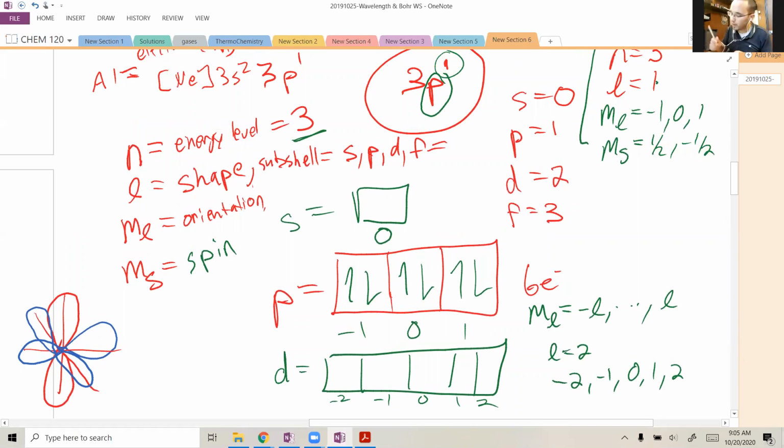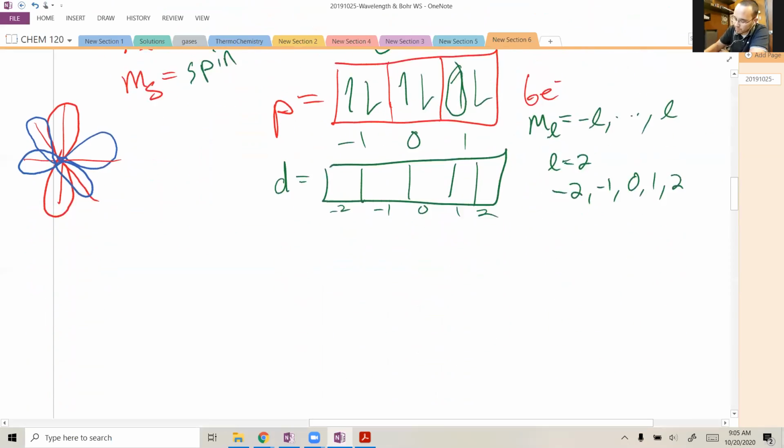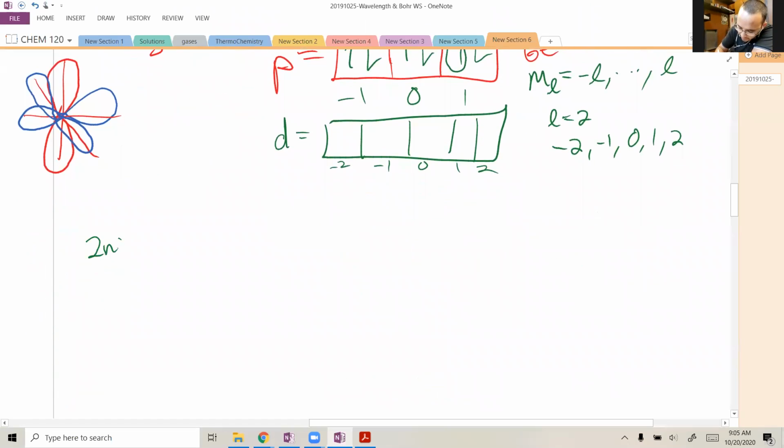Now, the key thing to remember is that we won't know whether it's +1/2 or -1/2 unless there's a second electron in there. Once one of them is in the box, we know that the other one has to be the opposite spin of it, right?